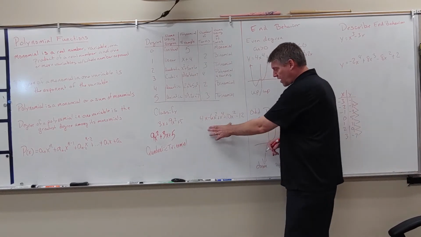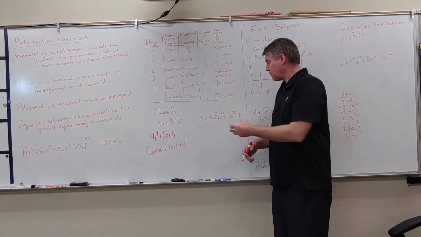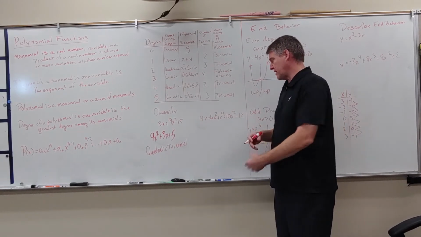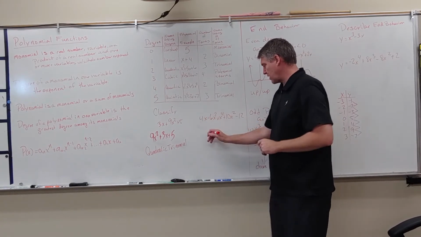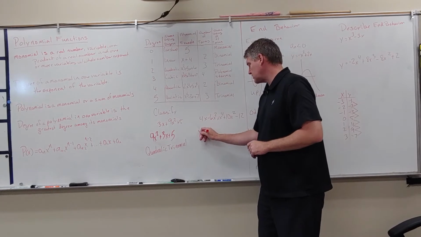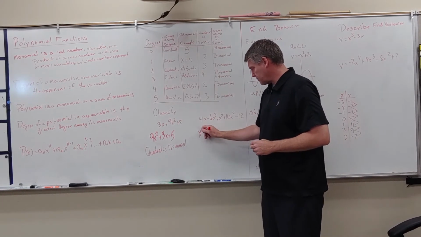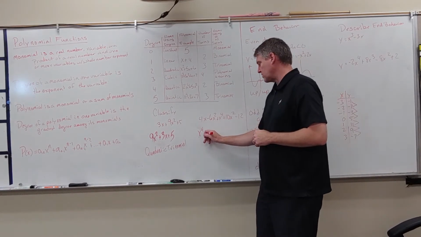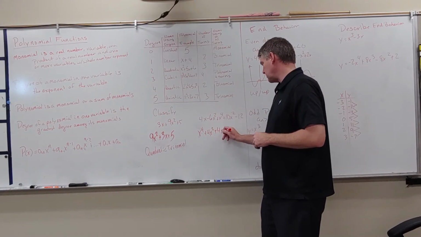Okay? So now, here I have another example, but I need to make sure I put the highest power first and then combine my terms. So I notice that I have a negative 6x squared and a 10x squared. So I only want one term, okay? So I need to combine this. So 10x squared minus 6x squared is 4x squared plus 4x minus 12.